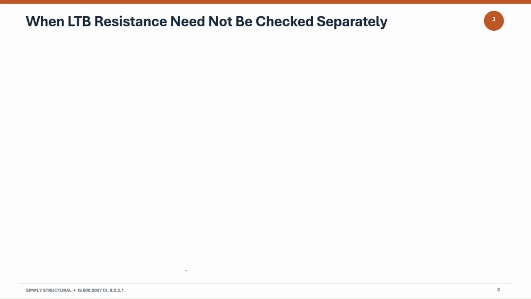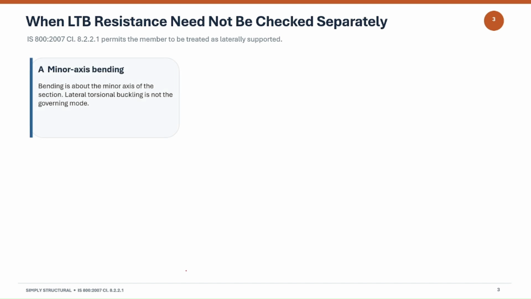Now there are certain cases where the code suggests to proceed as a laterally supported beam, even if the beam is laterally unsupported. Let's see what those cases are. As per clause 8.2.2.1 of IS 800 2007, the member can be treated as laterally supported if the beam is subjected to minor axis bending.